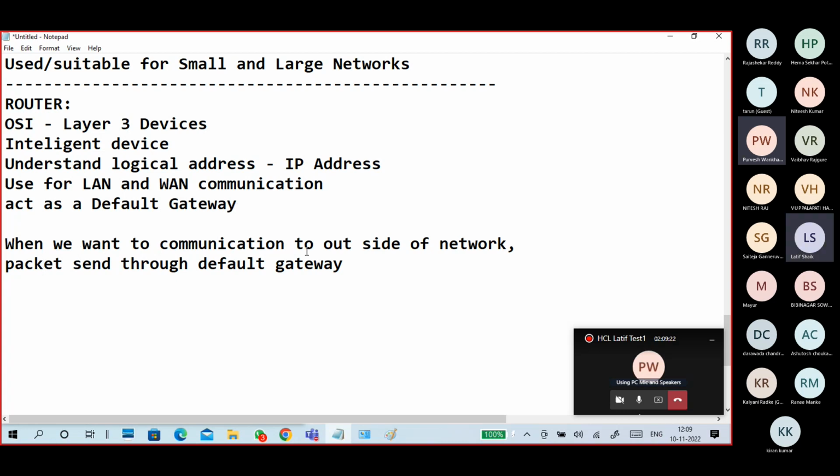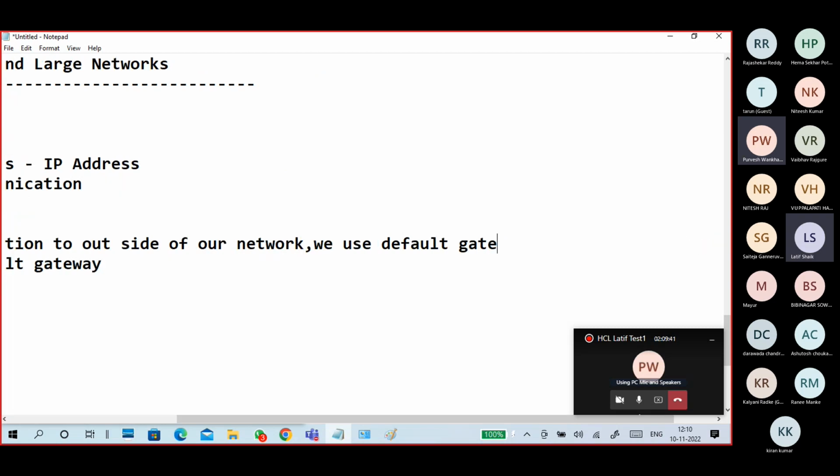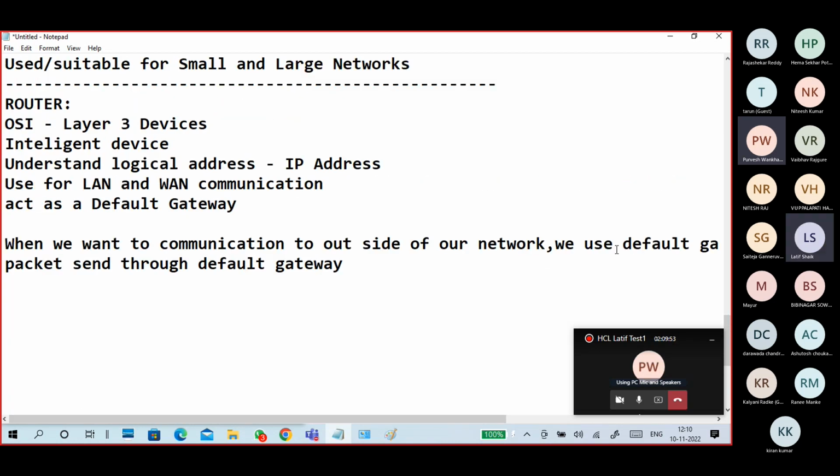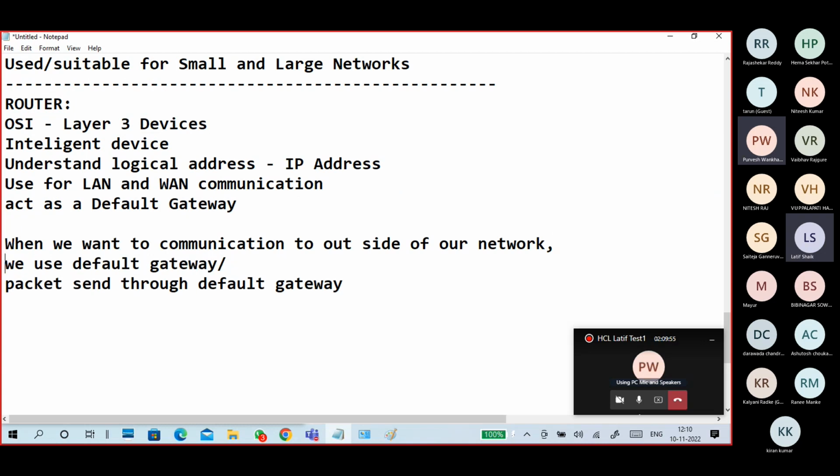So when we want to communicate outside of our network, we use the default gateway, or you can say the packet passes through, the packet is sent through the default gateway. Any word you can use.